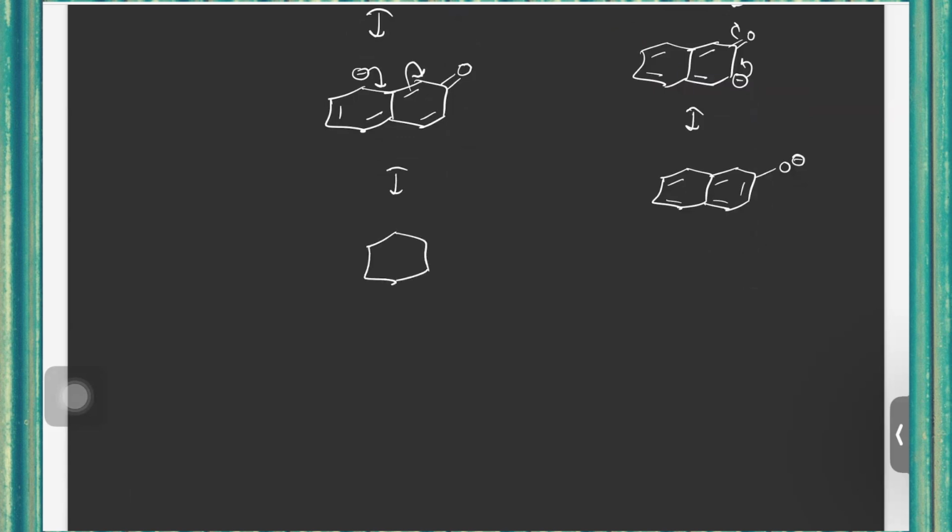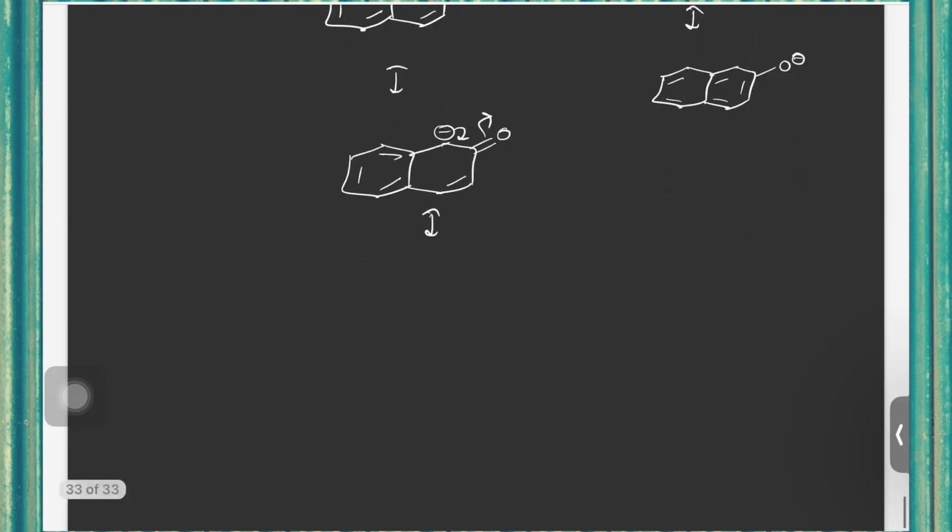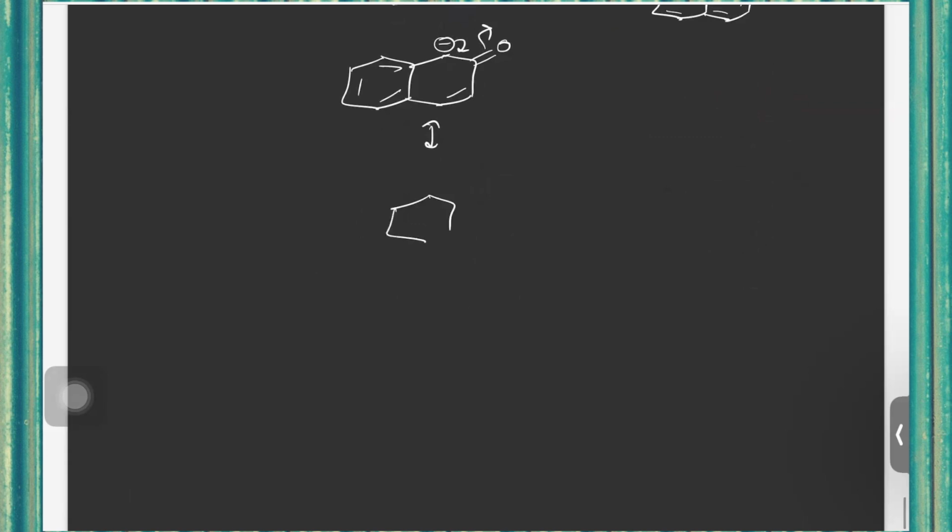So we will see how bad the benzene is. Double bond, negative charge here, double bond, O. Final RS will be like this. So these are the RS you will be having.